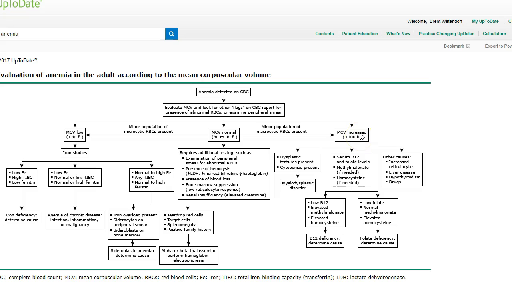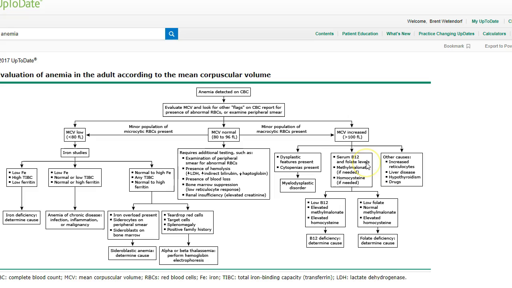And then over here, if you have elevated MCVs, a lot of this stuff's going to be automatic, they'll run a smear, and you'll be able to catch that. But otherwise, you want to check a B12 and folate level.